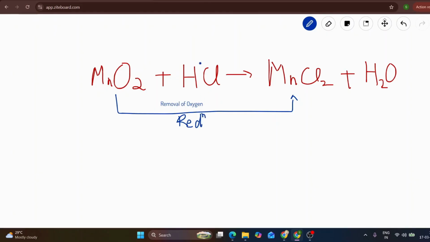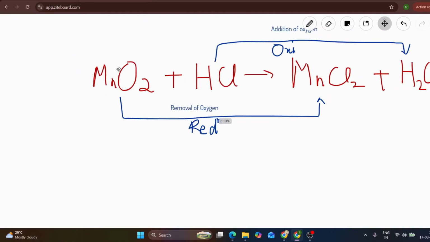What has happened to HCl? HCl has changed to H2O. So what has happened here? Chlorine is removed and oxygen is added. Addition of oxygen means what type of reaction it is? Oxidation. So it is an oxidation reaction.